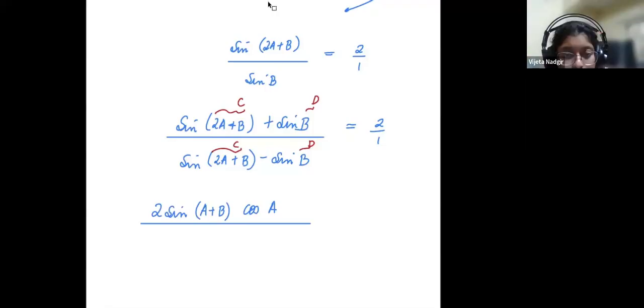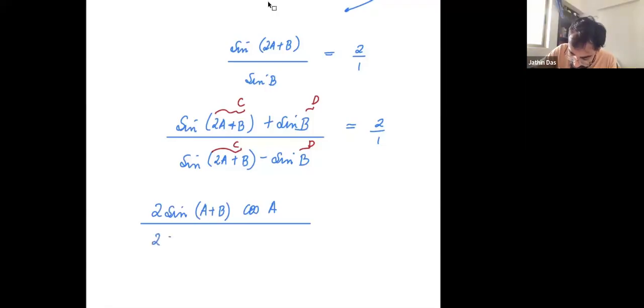Now again sine c minus sine d will be sine of the difference by 2, that is sine a, and cos of the other angle, cos (a plus b).